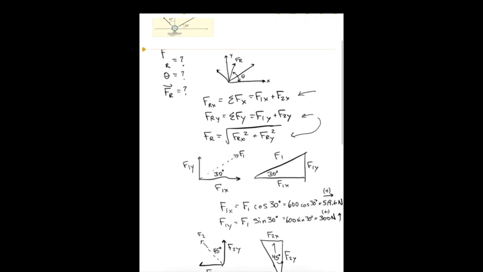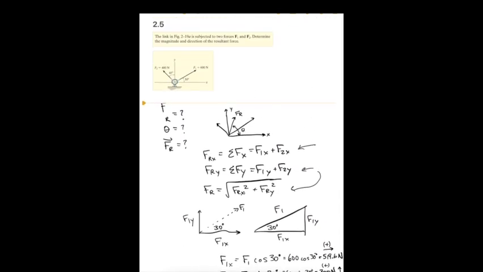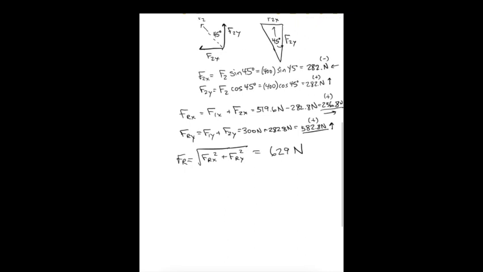So finally, we can put this information together. FR is equal to the square root of FRx squared plus FRy squared. And when we plug in our 236 and our 582, we get an answer of 629 newtons. So the resultant force has a magnitude of 629 newtons.